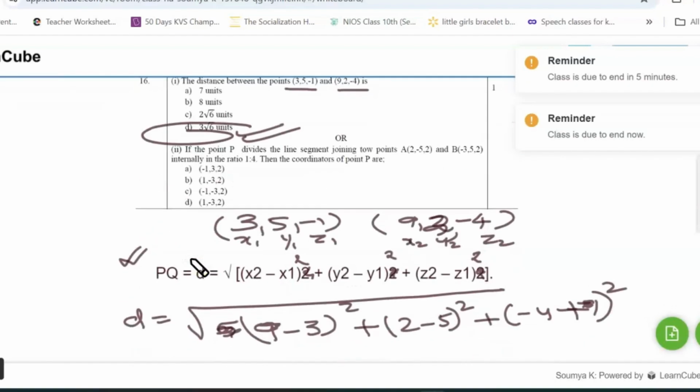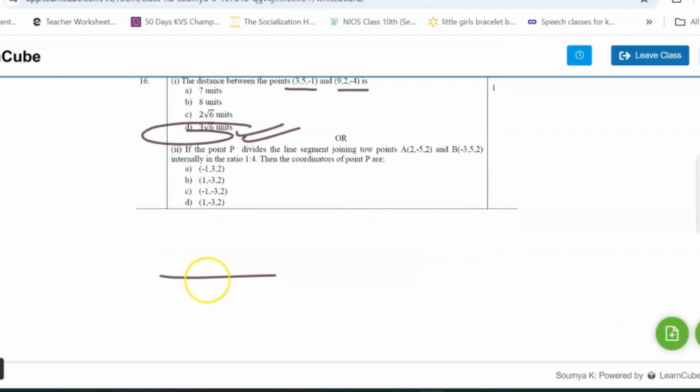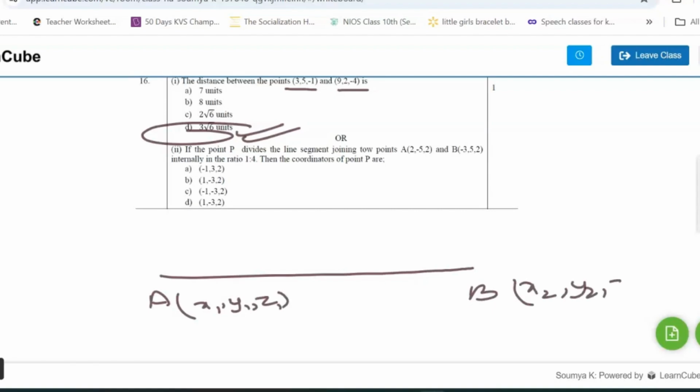Now next question. Consider this is a line, and point P divides the line segment joining point A and point B, where you have got x1, y1, z1 and x2, y2, z2 as the coordinates of your two points. Now it is divided internally in the ratio 1:4, and you have to find out what the coordinate is.